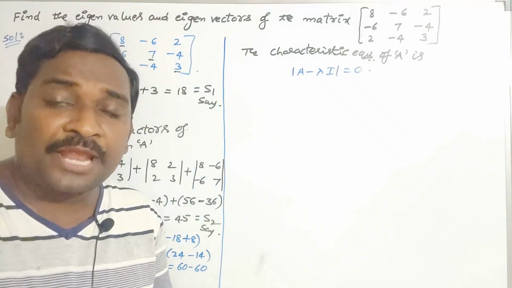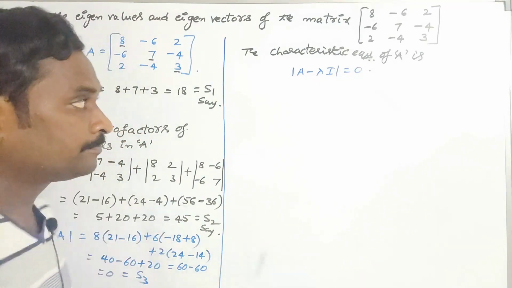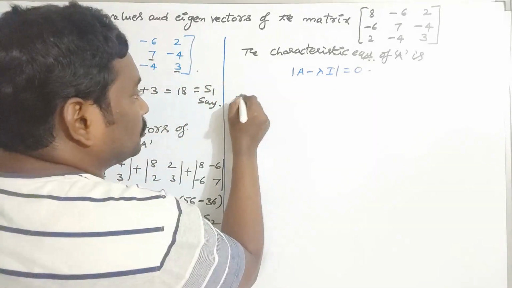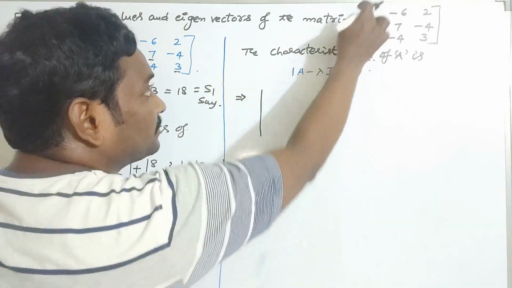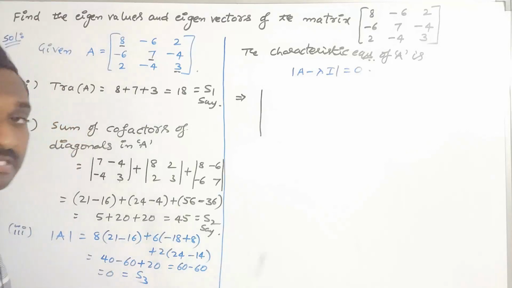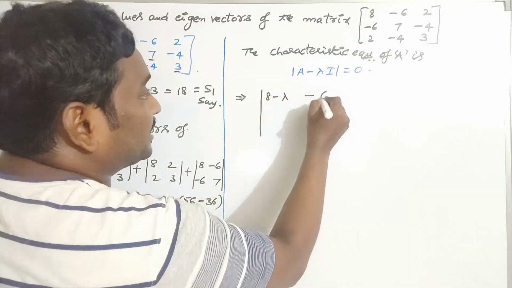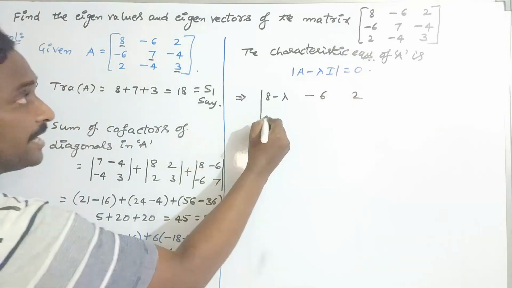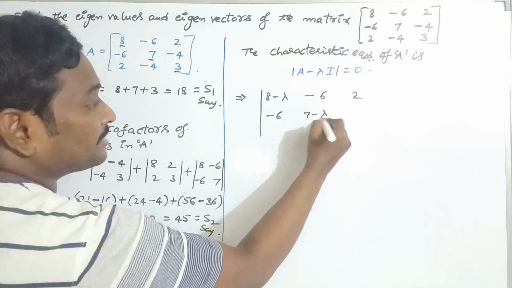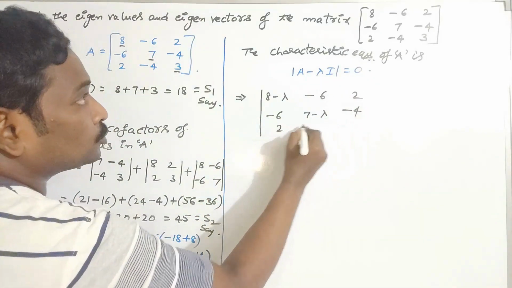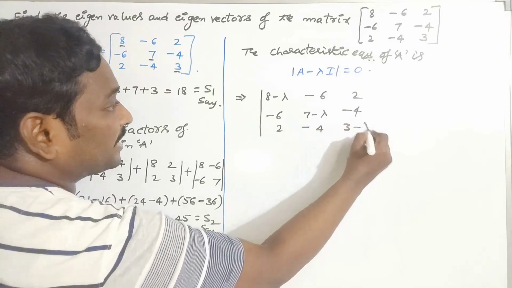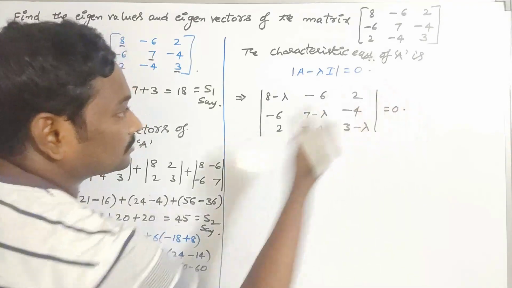It is not necessary to write the characteristic matrix every time. So what is determinant of A minus lambda I? Just subtract the diagonal elements with lambda. Already know it: 8 minus lambda, -6, 2; -6, 7 minus lambda, -4; 2, -4, 3 minus lambda is equal to 0.